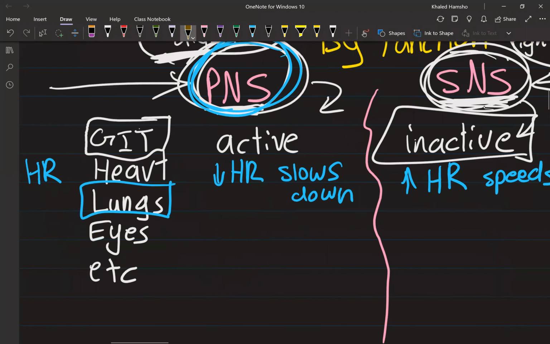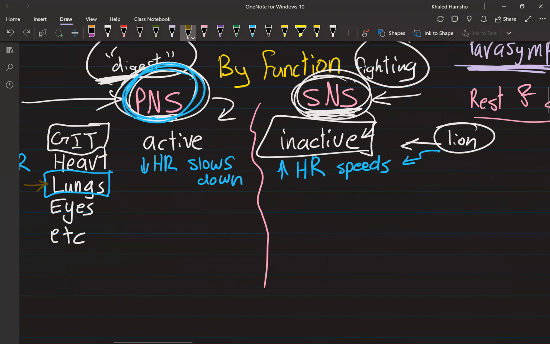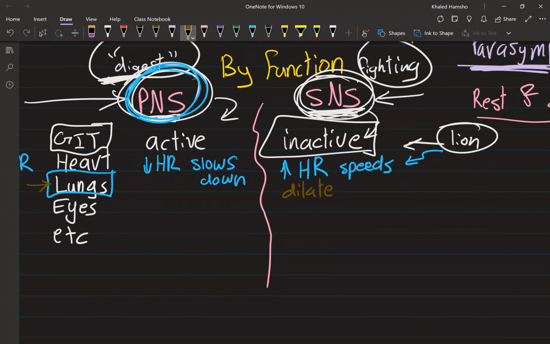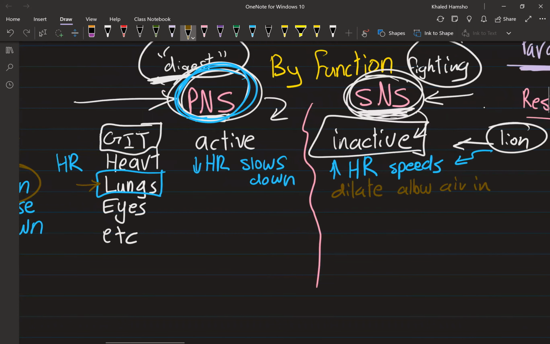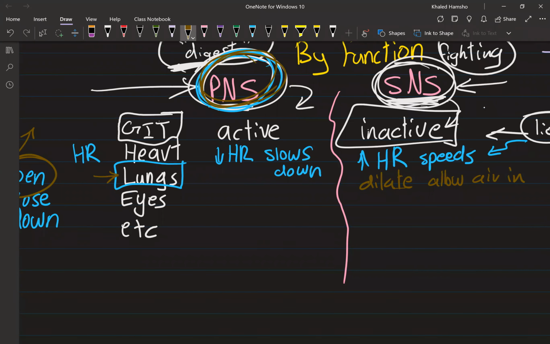So your lungs, during the sympathetic response, will dilate to allow more air in. The opposite is true for the parasympathetic nervous system. Just because in the sympathetic division it dilates the airway, we can understand that in the parasympathetic division it will constrict the airway. You don't need as much oxygen, and that's why we don't need the airway to be open.